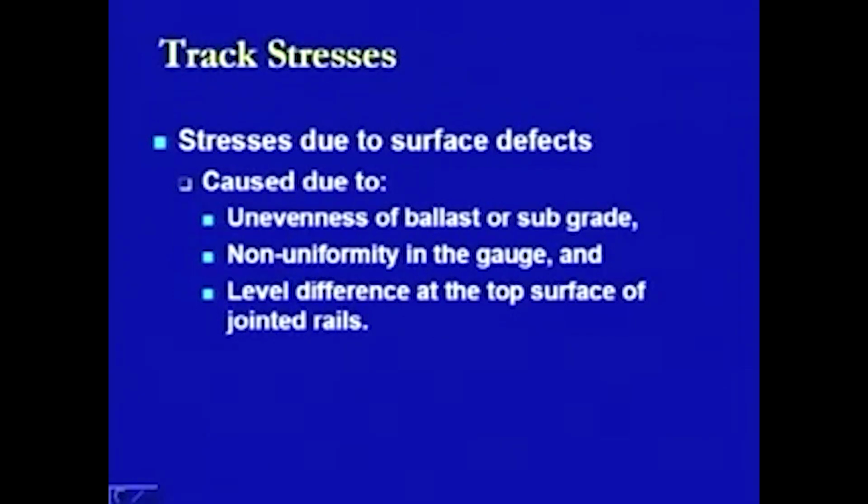The next condition is the difference in the level of the rail sections which are jointed together at certain locations. We found that there are different rail sections, manufactured in certain rail lengths, and therefore they need to be jointed. Now, when we are joining these rail sections by using fish plates or fish bolts, there are all chances that a difference is there at the topmost surface of the rail.